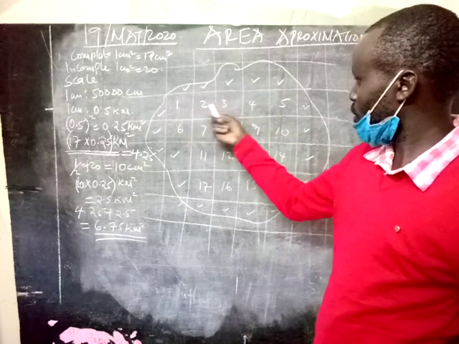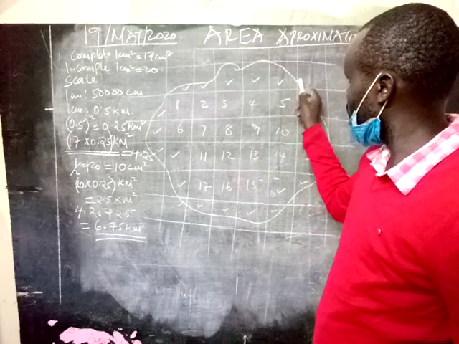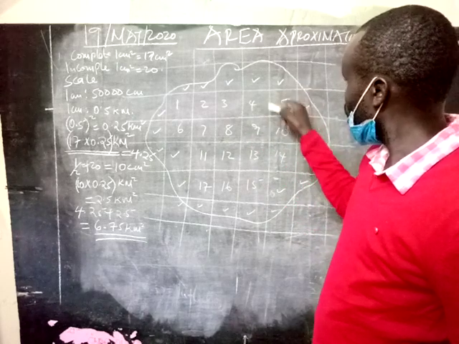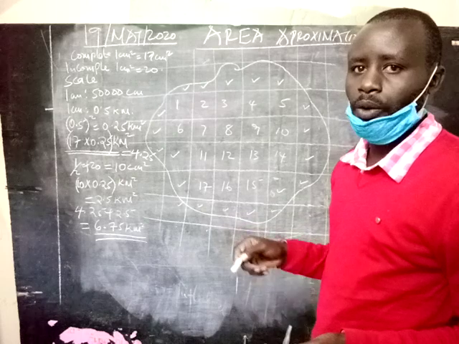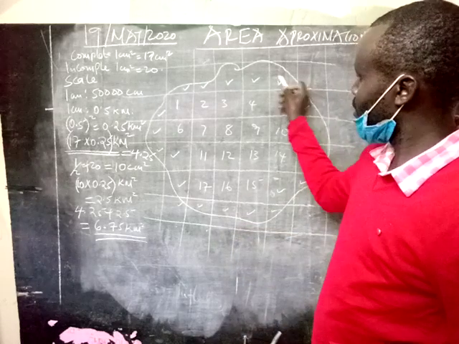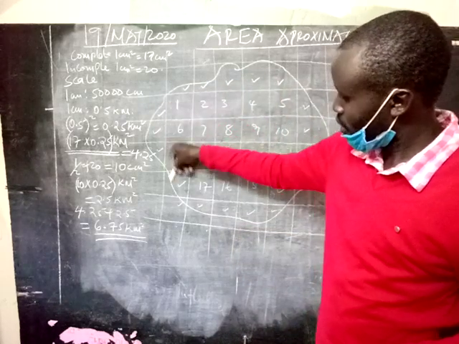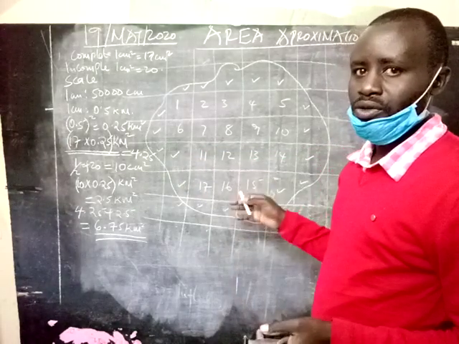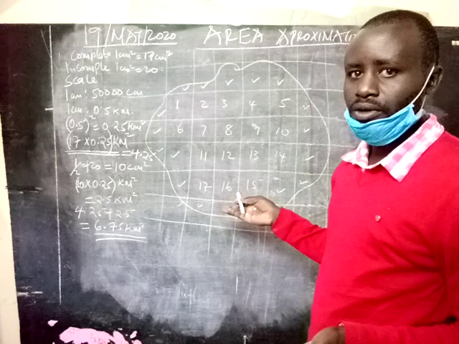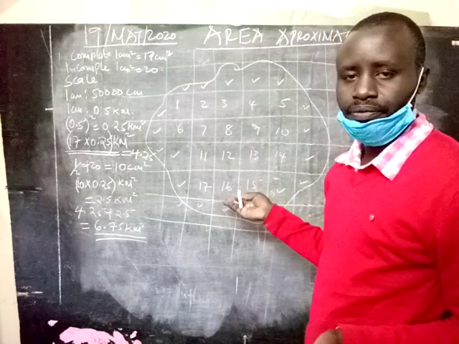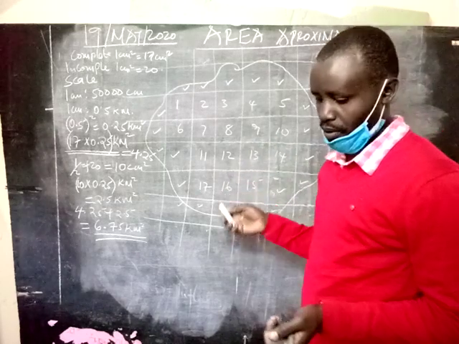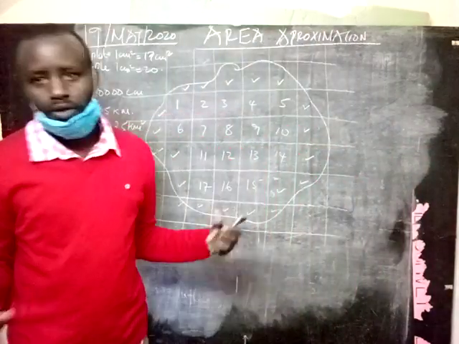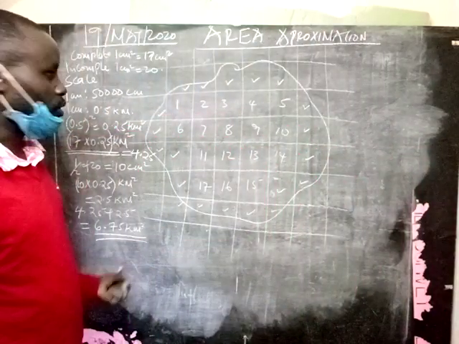So you just count the complete unit squares. Then you are going to add the rest which are incomplete, then you divide by 2. This technique is not going to give you an exact area. It's only going to give you an approximate area of that irregular shape. So can you have one? Have a try? Then we'll continue.